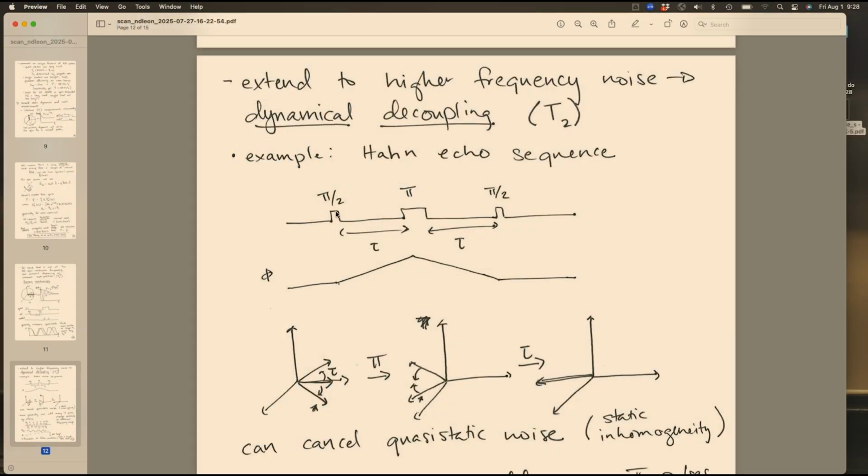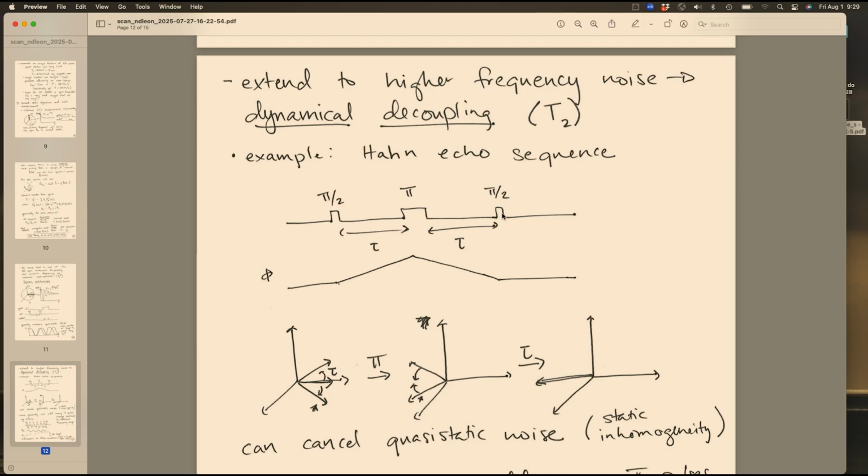Now, if it's really quasi-static noise or quasi-static fields, then as long as you have a balanced sequence where you have the same exact time delay in both halves, whatever happened here is just going to reverse, right? Because they just keep on going in the same direction.